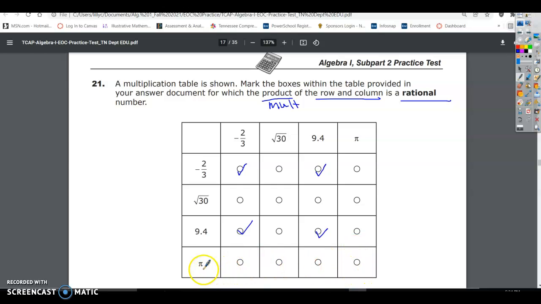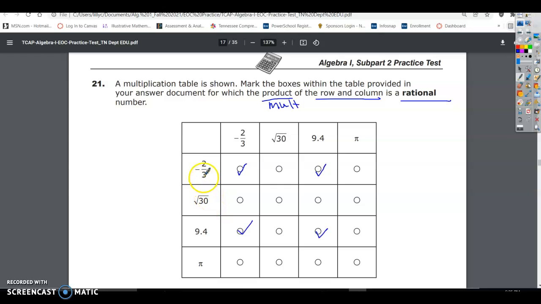And even though sometimes a number squared is going to be rational, when you have pi times pi, you're still going to have an irrational number because you're never actually going to get to the end of that number to know what you're multiplying by or squaring it. So anyways, let's not even worry about the last column or the last row.